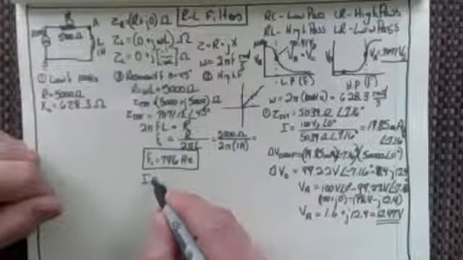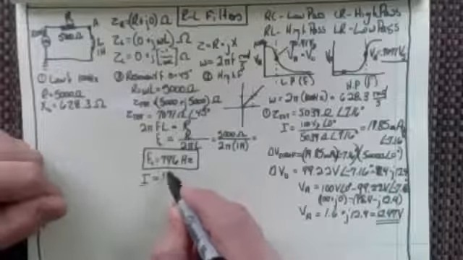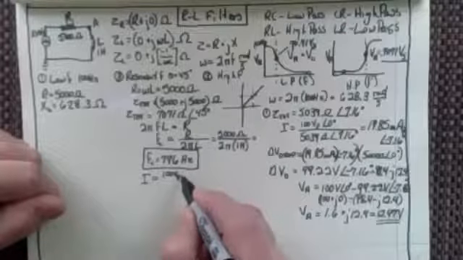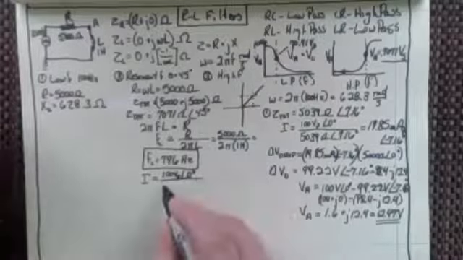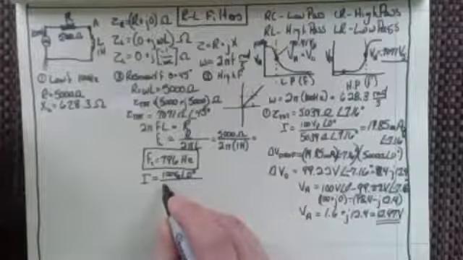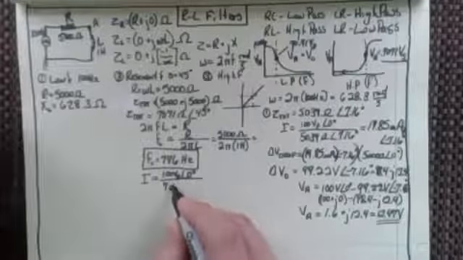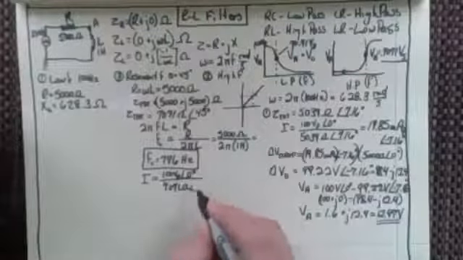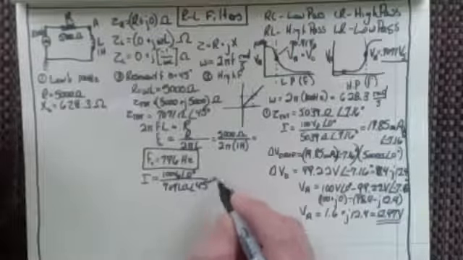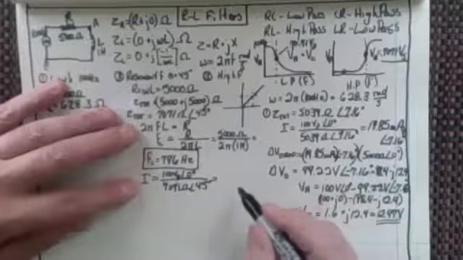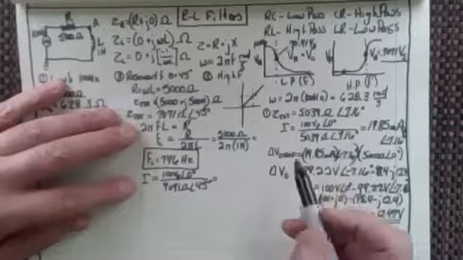So the current through this circuit is going to be 100 volts peak at 0 degrees divided by 7,071 ohms at an angle of 45 degrees. And I think everyone can see that we're going to get minus 45 degrees out of there.